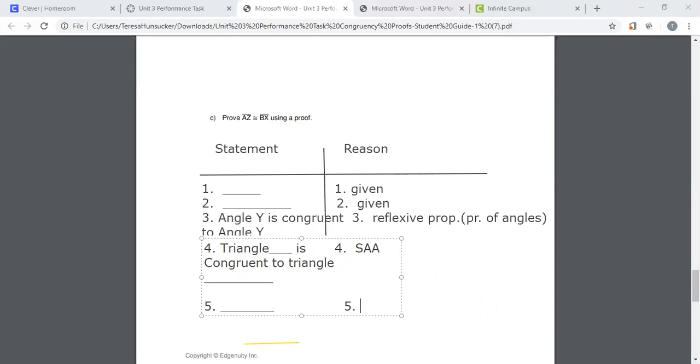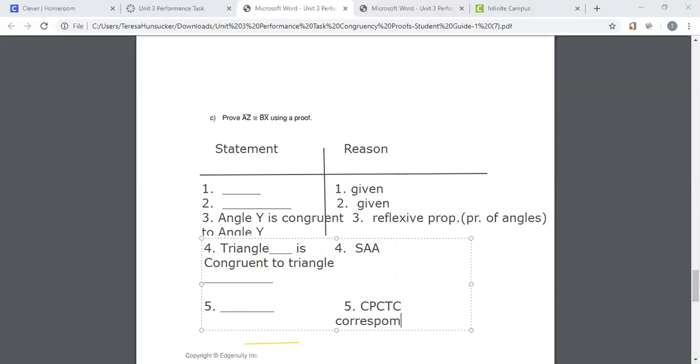If you have a triangle and there's three pairs of angles, three pairs of sides, and the triangles are congruent, all three pairs of corresponding angles are congruent, all three pairs of corresponding sides are congruent. So we would say those segments, remember you're going to put in the proof statement in statement 5, are congruent by CPCTC. All right, and what that means is corresponding parts of congruent triangles are congruent.